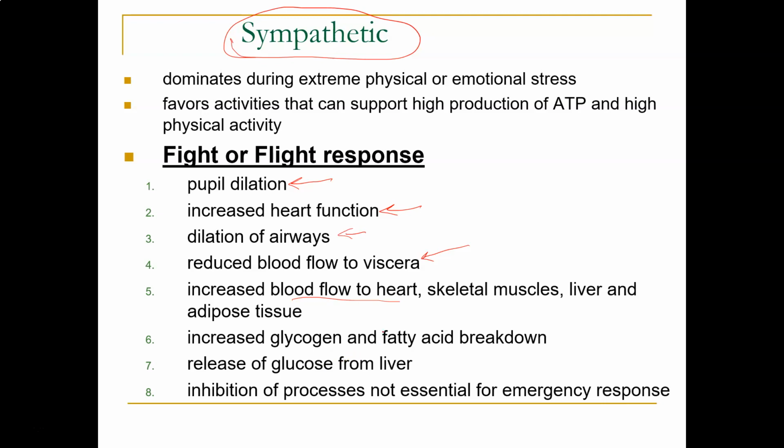And something else not listed here, but that happens, is that especially in an extreme fight or flight response, you most likely release adrenaline, or epinephrine, and norepinephrine from your adrenal medulla. Adrenaline is a hormone and not part of the sympathetic nervous system, but it has the same effect on your organs, so it's really an enhancement of the fight or flight response.